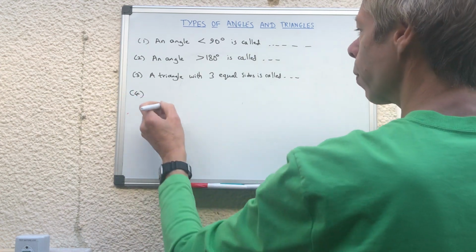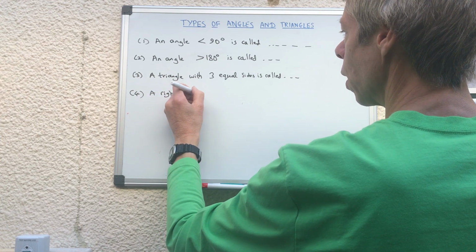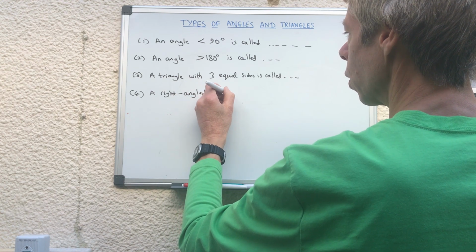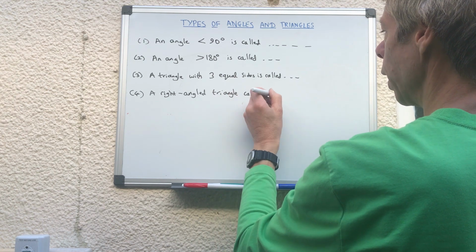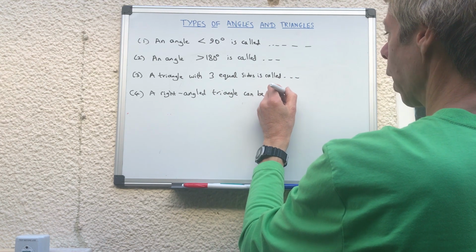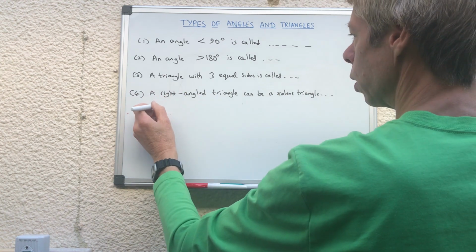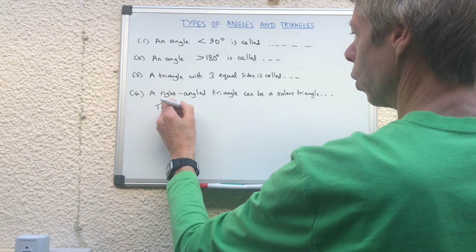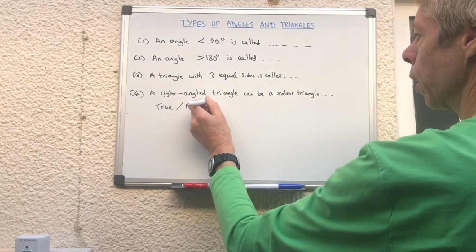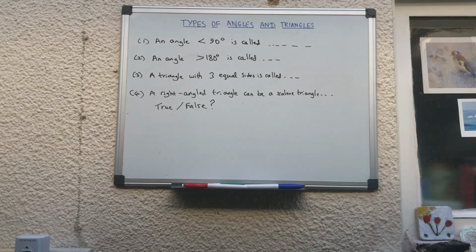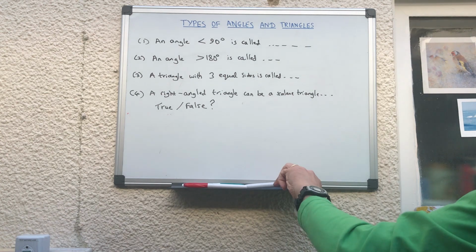And number 4, a right angled triangle can be a scalene triangle. Is that true or false? So if you had a right angled triangle, could it be scalene or not? Okay, so I'm going to go through those answers in just a few seconds.